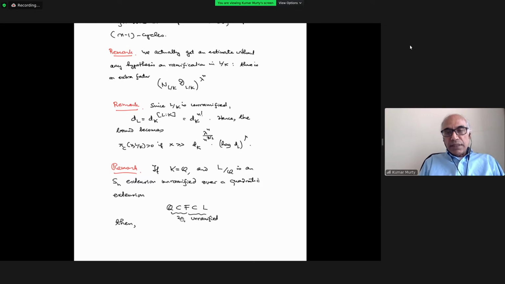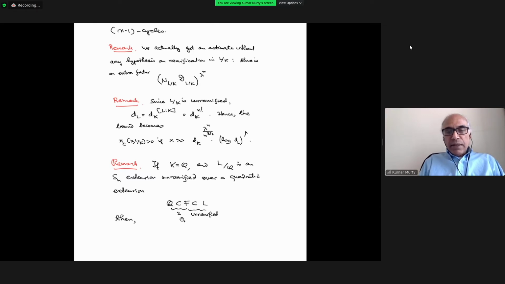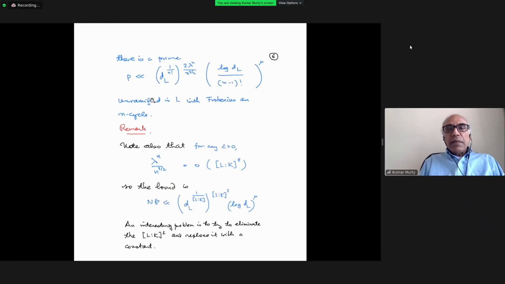Such things do exist, they've been constructed. In that case, yes, then you get a similar theorem that is, again, root discriminant to a similar kind of power. And now you actually save something on the bottom of the logarithmic term as well. Okay, again for an n-cycle.